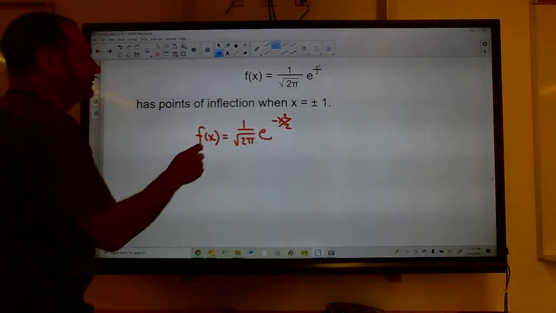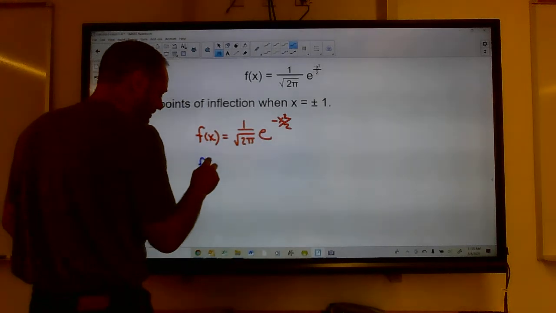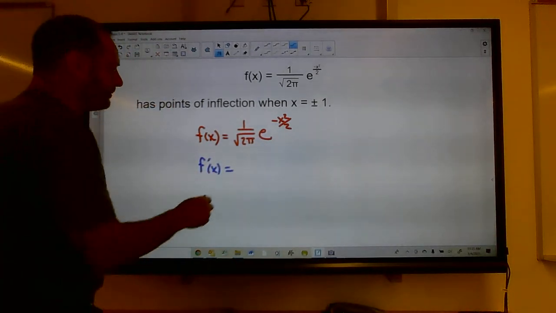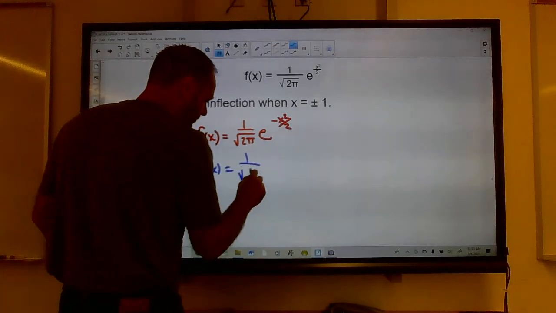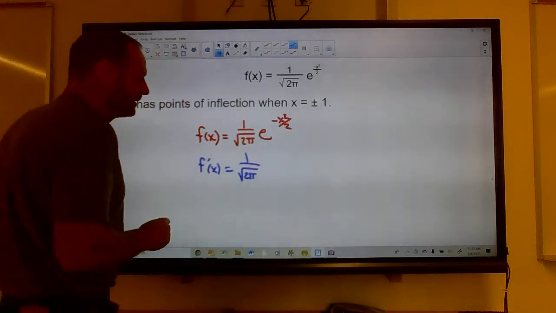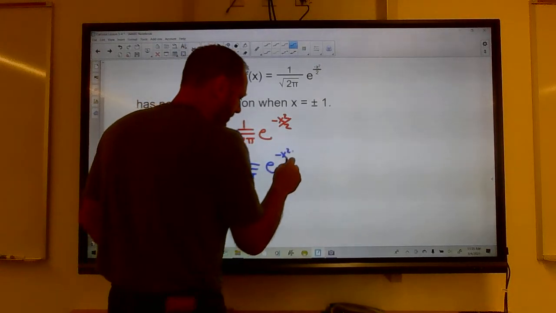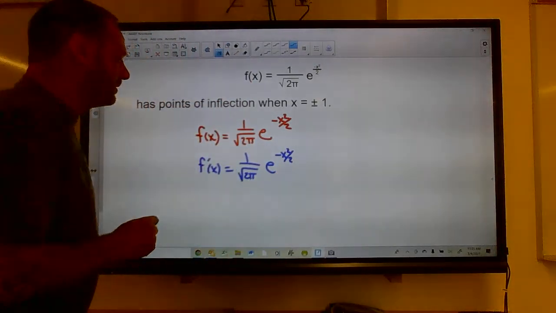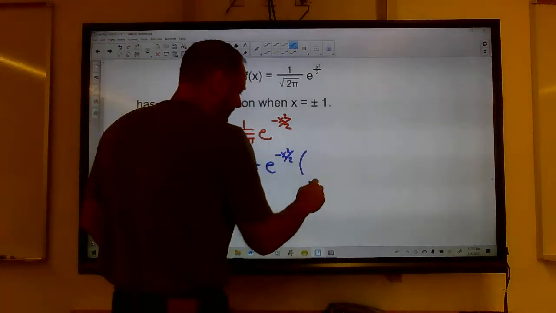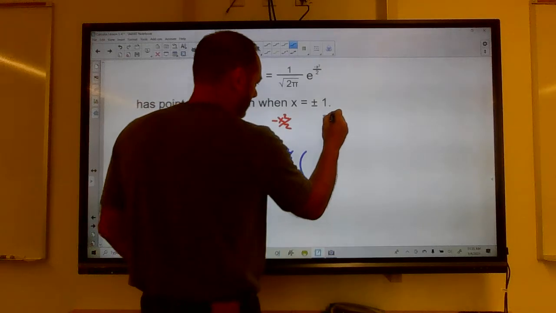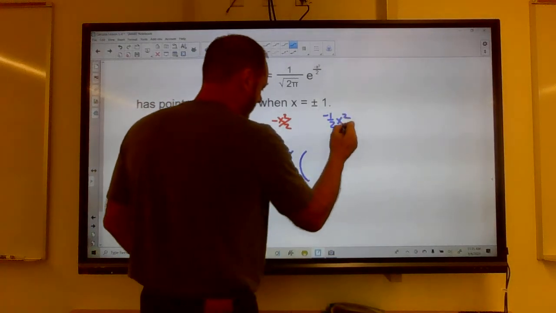All right, so the first derivative of this thing is going to be 1 over the square root of 2 pi times e to the negative x squared over 2 times the derivative of this, which is going to be, let's see, this is really -1/2 x squared.